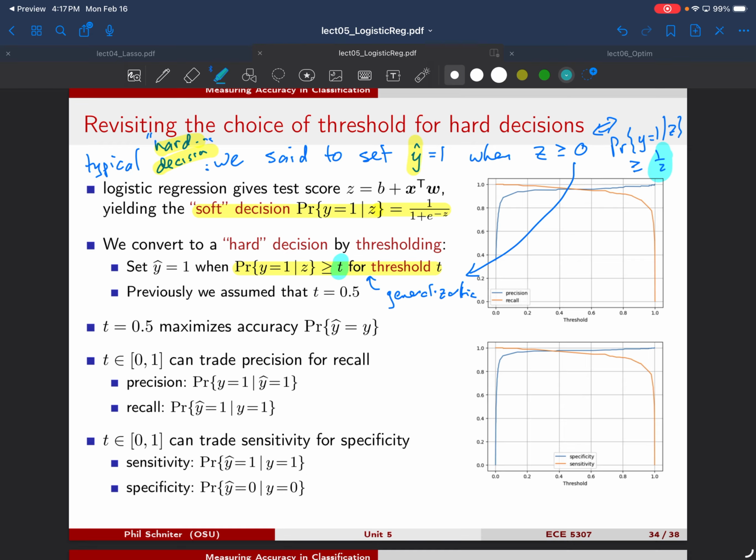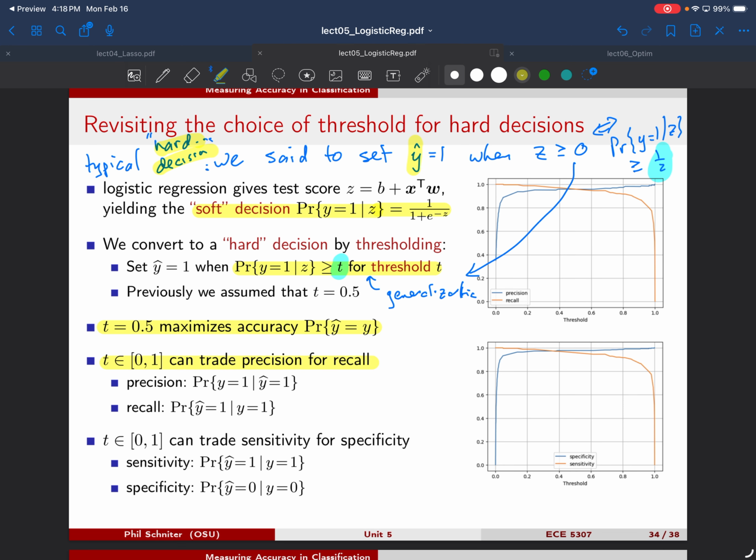So the standard choice, when t is 1/2, that is the thing you want to do if you care about accuracy. That's the best choice. But if you care about precision and recall, and maybe you care more about precision than recall, you want some trade-off, then other choices of t could be better.